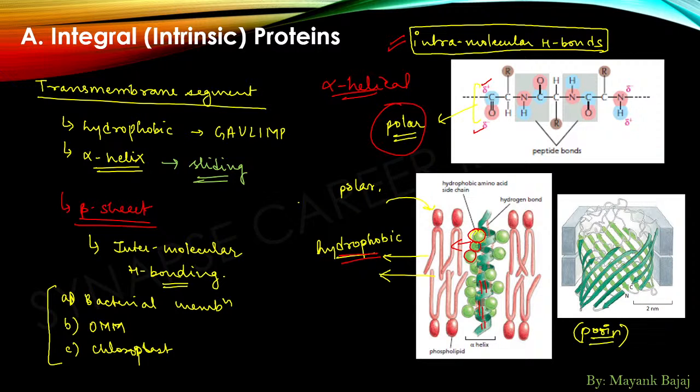But since beta sheet के अंदर ये चीजें नहीं हो सकती हैं, right? Beta sheets के अंदर conformational change is not possible because they are kind of static. एक बीटा शीट के साथ दूसरी बीटा शीट के साथ they are kind of interacting with each other. Because of that, what will happen? They will not move. They are kind of static. Beta sheet जो होती है वो static है, right?